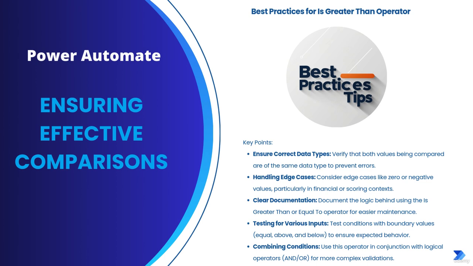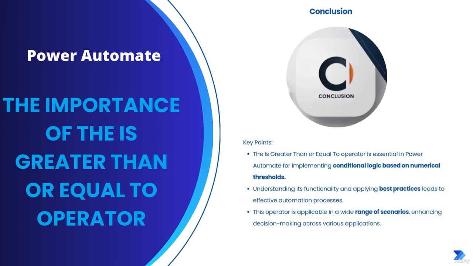Testing for various inputs: test the condition with a variety of inputs, including boundary values, for example, exactly equal to the threshold, just above and just below, to ensure it behaves as expected in all scenarios. Combining conditions: for more complex logic, consider combining this operator with other conditions using logical operators, and/or. This can enhance your flow's decision-making capabilities.